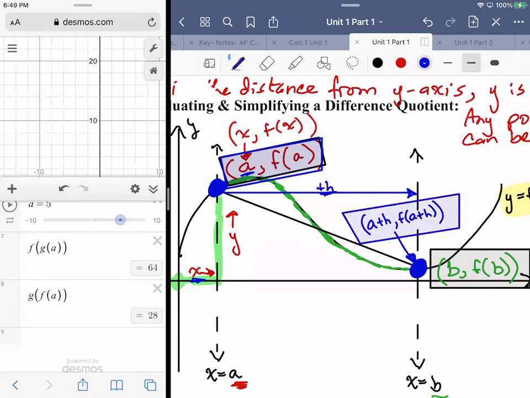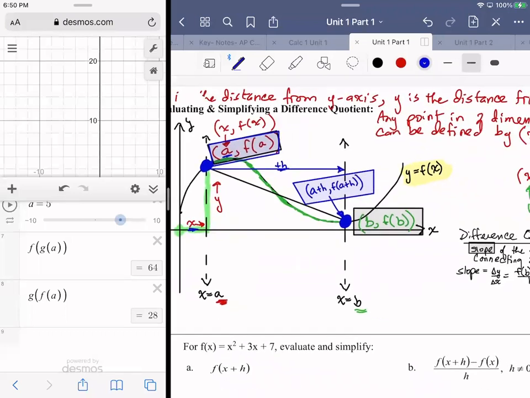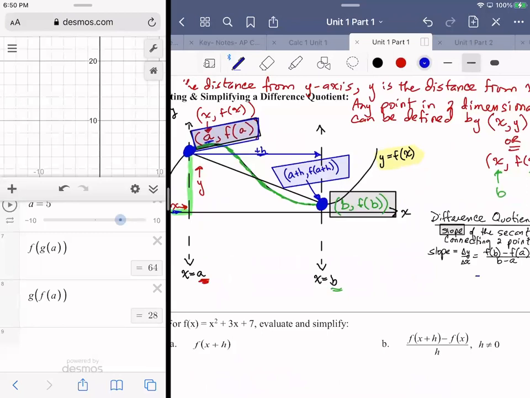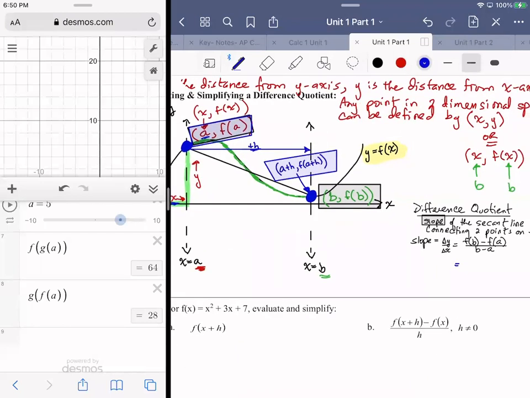All right. Now, why the two different ways? Well, one way leads very nicely into the concept of derivatives. The other way, not quite as nicely. All right. But if I were going to take my blue stuff and find a slope, it would be f of a plus h minus f of a, over a plus h minus a.